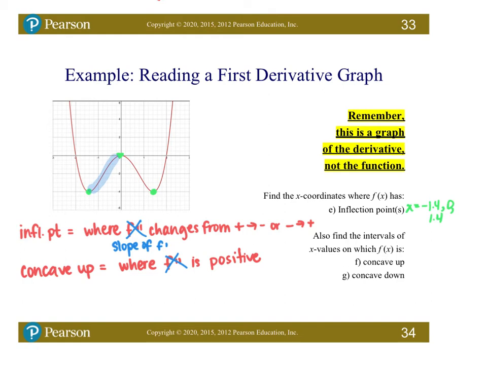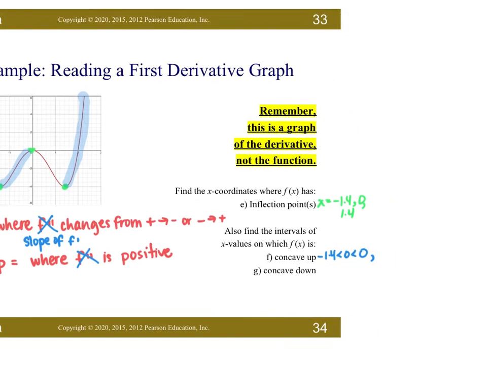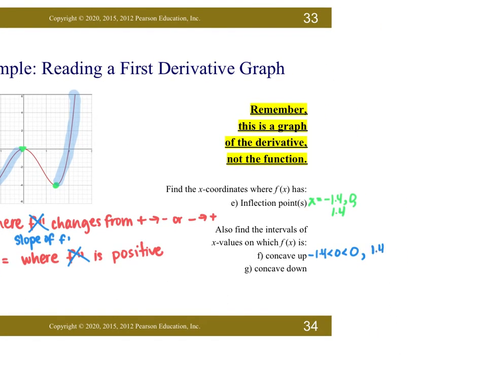This section has positive slope, and this section has positive slope. So it is going to be concave up on the interval between negative 1.4 and 0, and also on the interval from positive 1.4 to infinity.